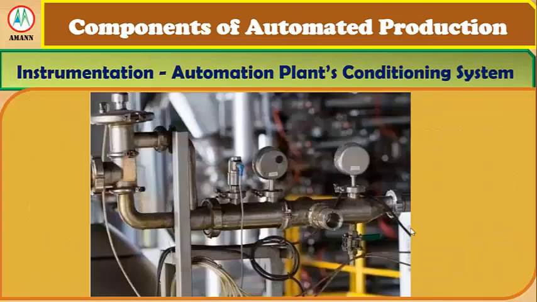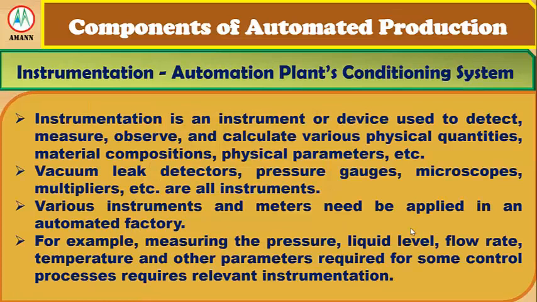Another is the instrumentation, known as automation plant's conditioning system. Instrumentation is an instrument or device used to detect, measure, observe, and calculate various physical quantities, material compositions, physical parameters, and others. Vacuum leak detectors, pressure gauges, microscopes, multipliers, and others are all instruments.